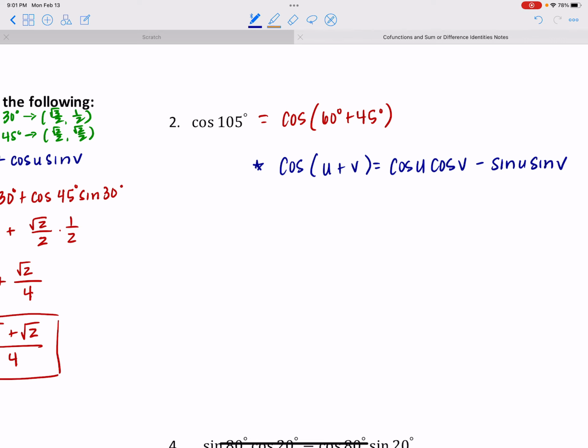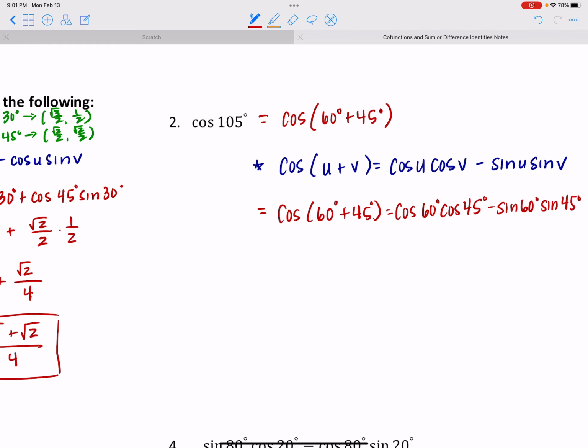So we have, once again, the cosine of 60 and 45. So this will be cosine 60 cosine 45 minus sine 60 sine 45.